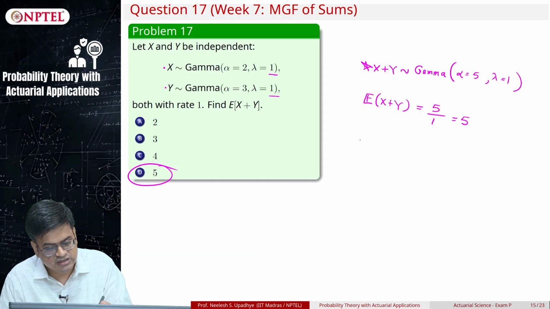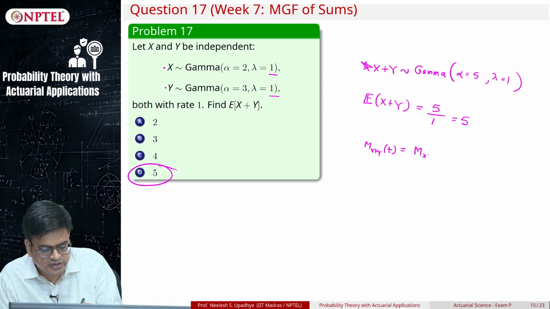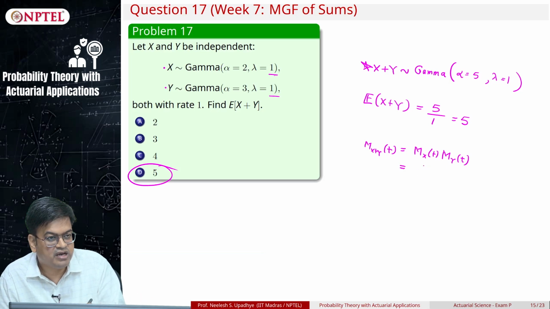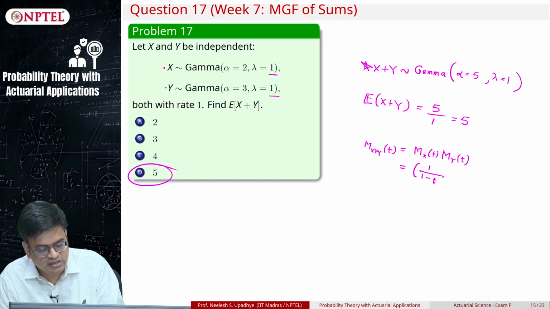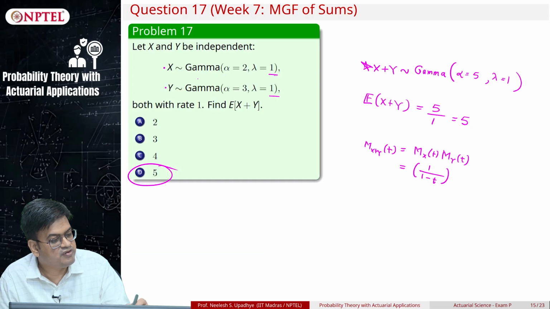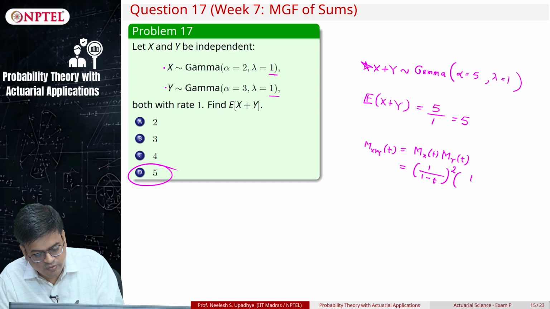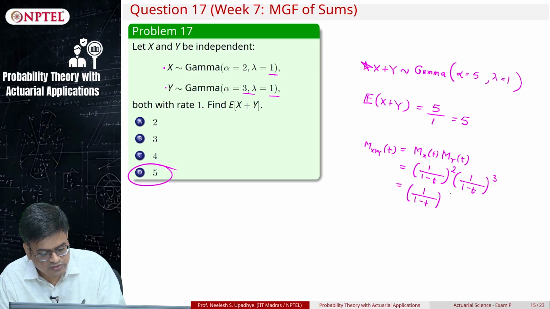That is, you will say M of X plus Y of t is equal to M of X of t into M of Y of t, and because it is lambda equal to 1, you get 1 upon 1 minus t raised to alpha, which here is 2, times 1 upon 1 minus t raised to alpha, which here is 3, and then you get 1 upon 1 minus t raised to 5.